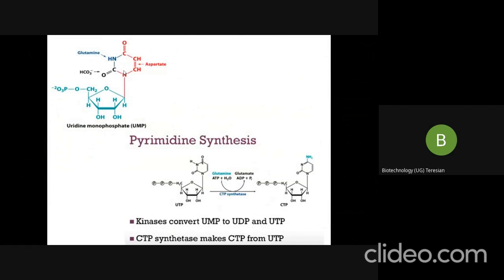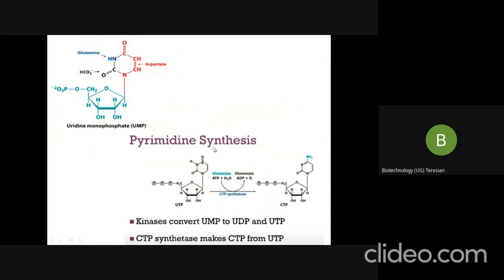Whenever there is synthesis of pyrimidine, first the bases are formed. Okay, you know that we have the nitrogen bases, the sugar group, and the phosphate group. In the pyrimidine synthesis, first the bases are formed and these bases are attached on the sugar molecule.